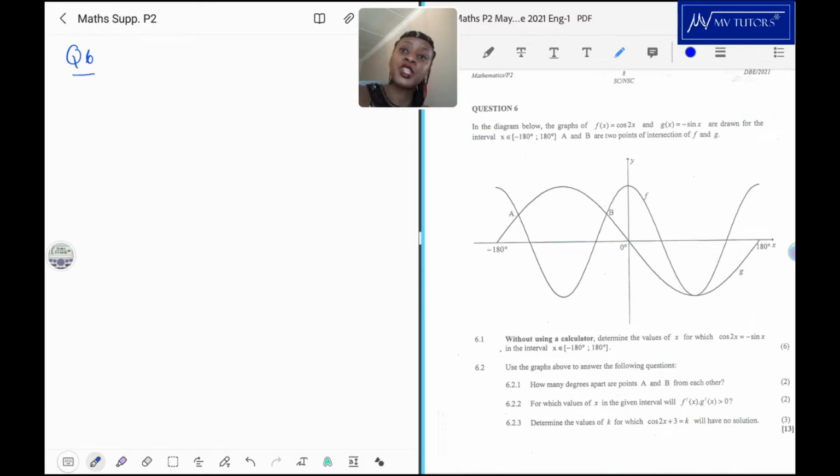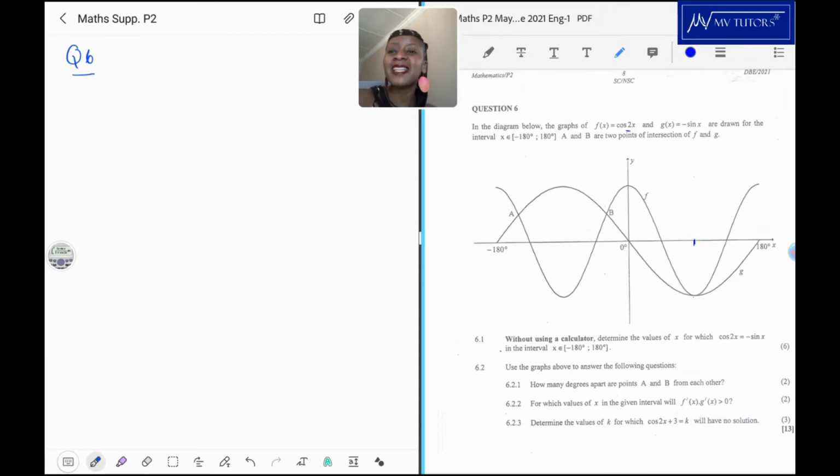So the period has changed. That's what the 2 did there. And then for g, we actually have a sine graph, but it's negative, so it's inverted. Previously you would have had positive 1 at 90 degrees, but because now it's negative, you have it at negative 1.